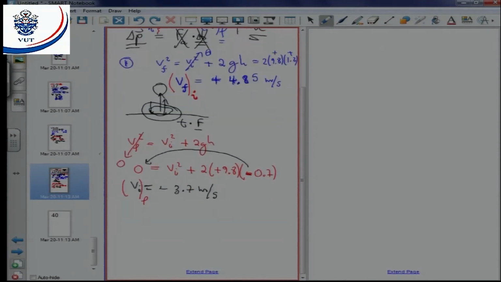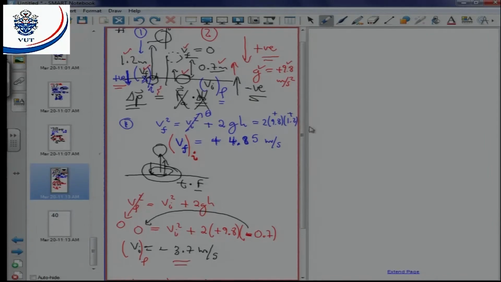So what is the change in momentum? The change in momentum, which is the impulse, will be the final momentum minus the initial momentum. What is this equal to? The mass of the ball is given, 0.5 kilograms, multiplied by the final speed.